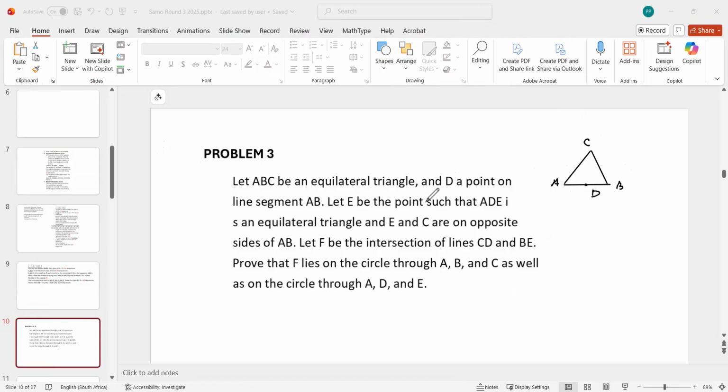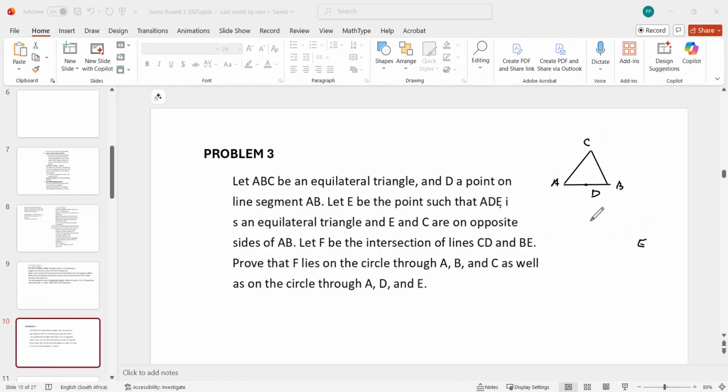Now let E be a point such that ADE is an equilateral triangle, but E and C are on opposite sides. So C is on the opposite side of AB. There's AB. So you want E to be downstairs. And ADE is an equilateral triangle.